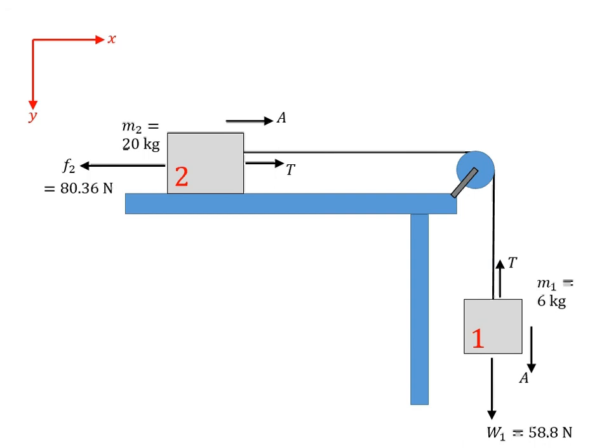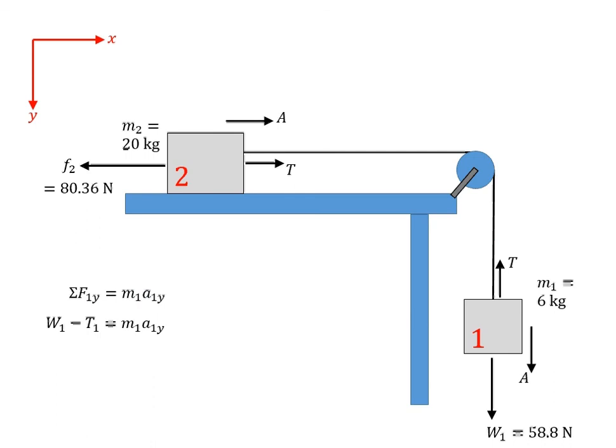Now, if we use net force equals mass times acceleration on each object, we'll get some equations that we can deal with. If we look at object 1, the net force on object 1, its motion in the y direction, is going to be the mass of object 1 times its acceleration. Using the values in the diagram, we have the weight of object 1 minus the tension.